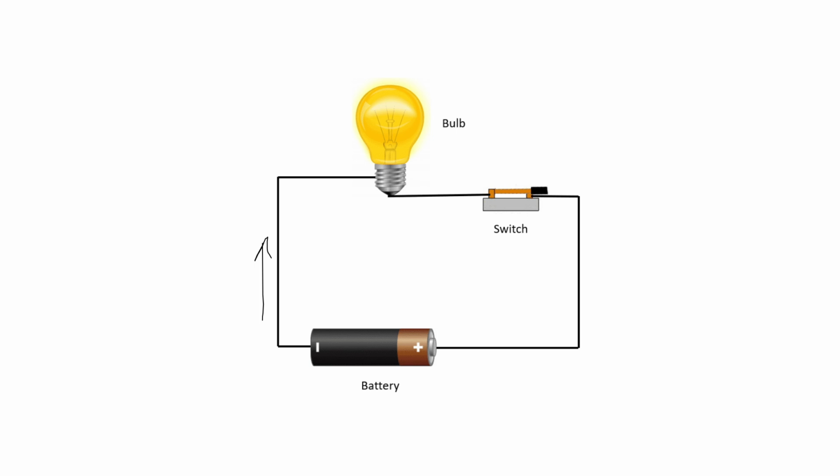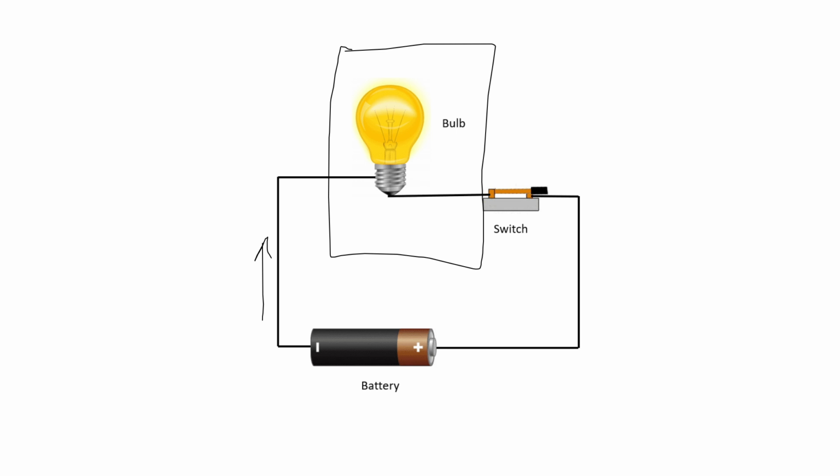Now for today's class, which is electrical components, it's basically tying to the previous class, where we looked at a component like a bulb. This bulb is an electrical component, but in this case, it's acting more like a resistor.